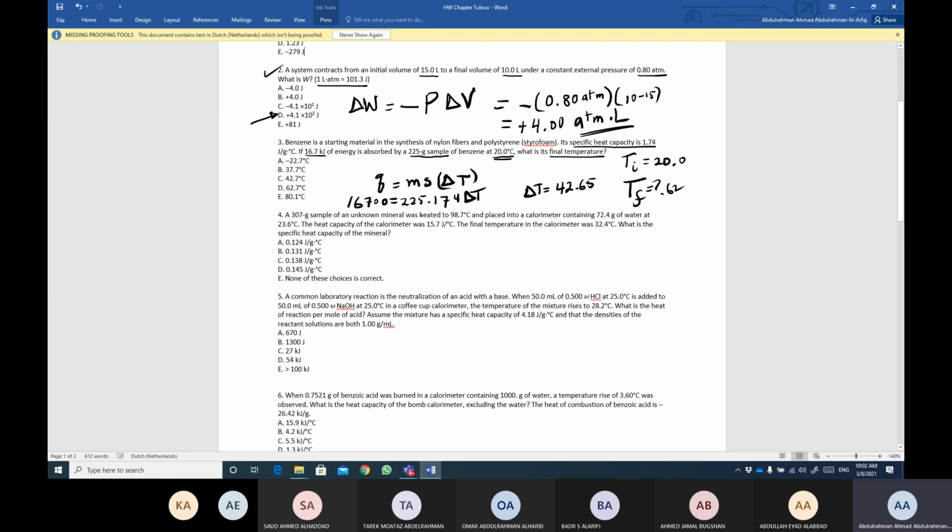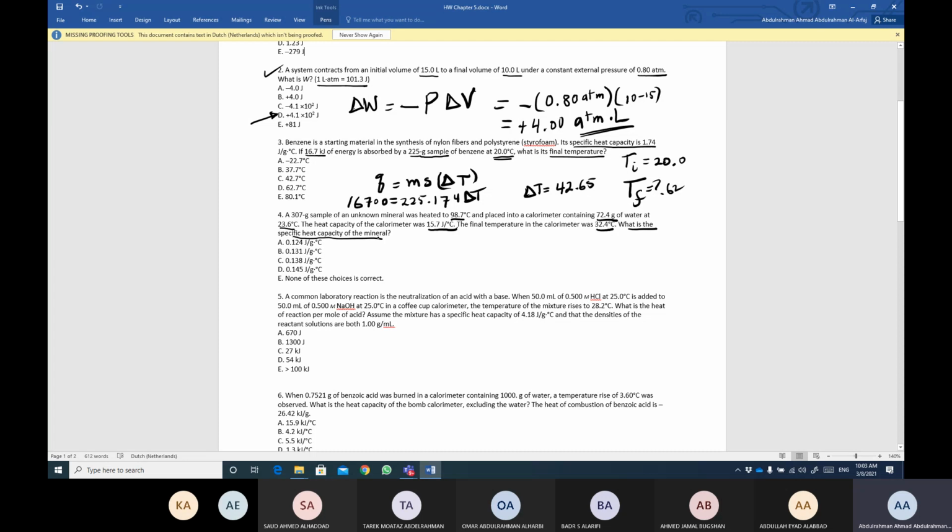Number 4, a 3.307 gram sample of unknown material was heated to 98.7 and placed in the calorimeter containing 72.4 grams of water at 23.6 degrees C. The heat capacity of the calorimeter is 15.7 joule per degree C. The final temperature in the calorimeter is 32.4 degrees C. What is the specific heat of the mineral?